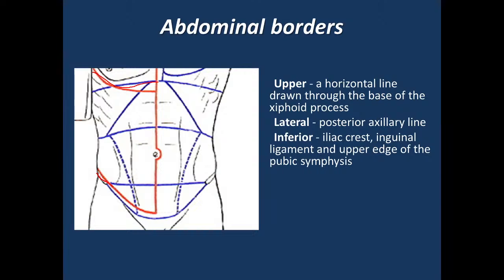And the inferior border is located on the lower part of the abdomen, and usually it is combined with the special ligament between the pubic bone and the iliac bone, and we call it the inguinal ligament. And some of the border is on the pubic symphysis here.